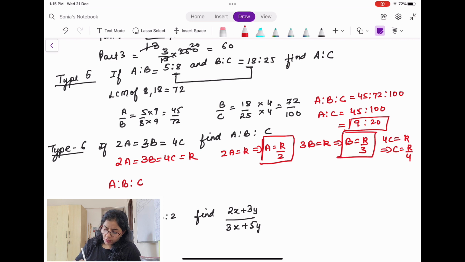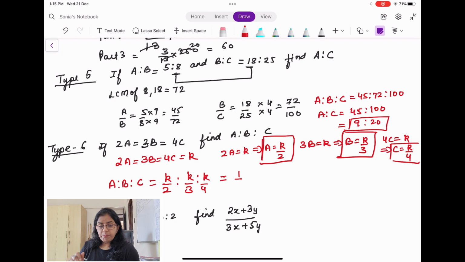Now if I have to find a is to b is to c, as per the values that I have got here, I'll write k upon 2 is to k upon 3 is to k upon 4. Now the next step will be we simplify this. We have learned it before how to simplify. Divide by k, we get 1 by 2 is to 1 by 3 is to 1 by 4.